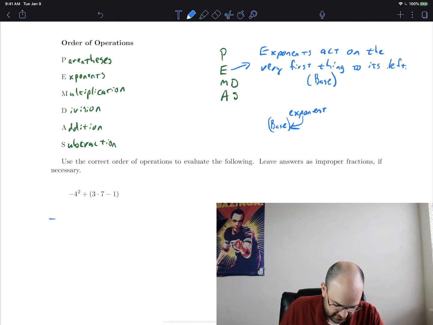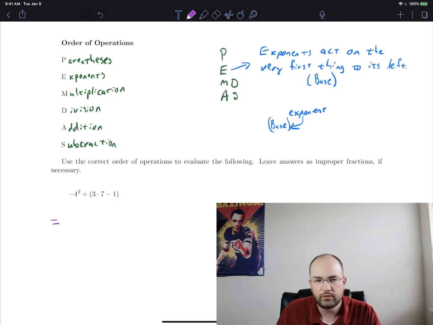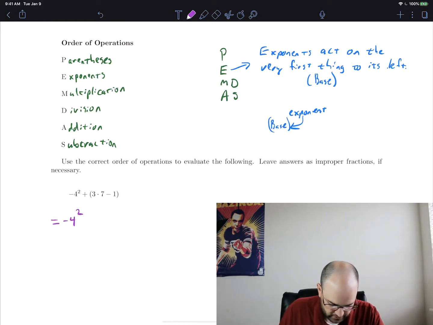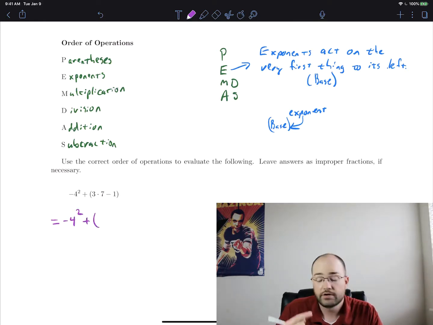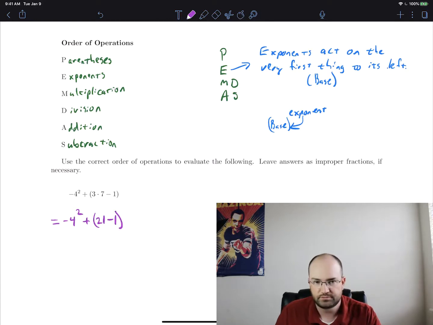So that means that the very first thing we're going to want to do is multiply within that parentheses first, leaving us with negative 4 squared plus parentheses 3 times 7 is 21, and then minus 1 at the end there, close parentheses. And notice that what we've just done is 3 times 7, 21, minus 1, and that's all still in that parentheses, and everything else is exactly the same. The only thing that I've changed here is the 3 times 7.